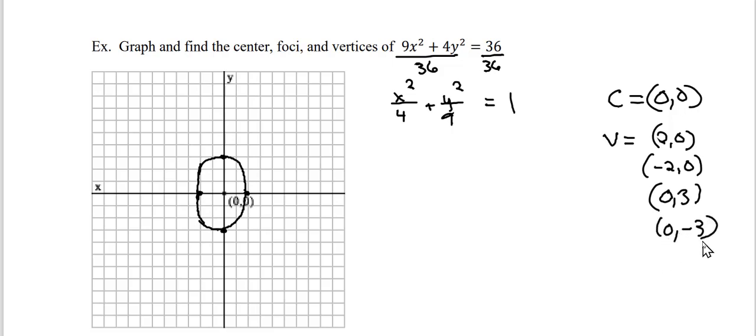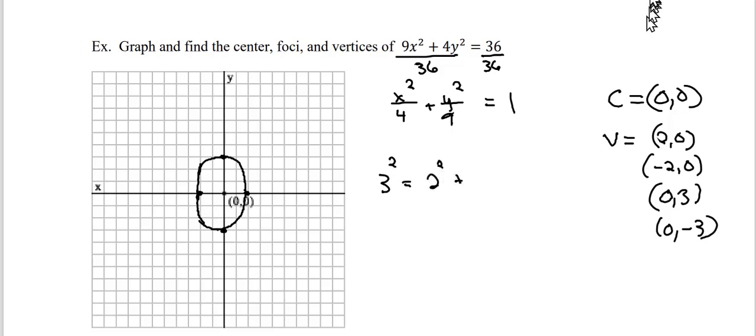The last thing we need are the foci. I know they are going to be somewhere along the y-axis between 0 and 3, and the same distance between 0 and negative 3 away from the center. The way I find that is that idea of that Pythagorean theorem where my biggest distance, 3, is by itself.